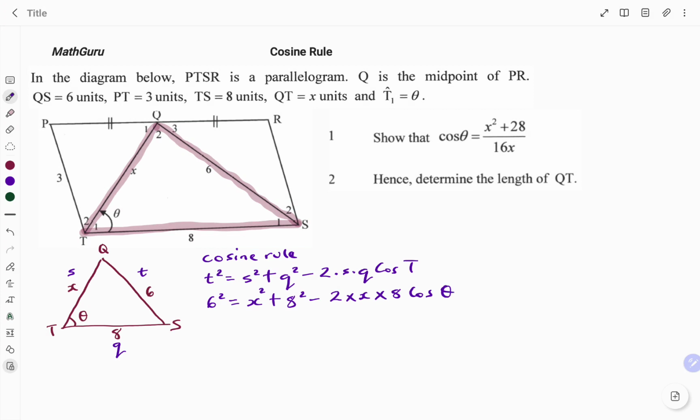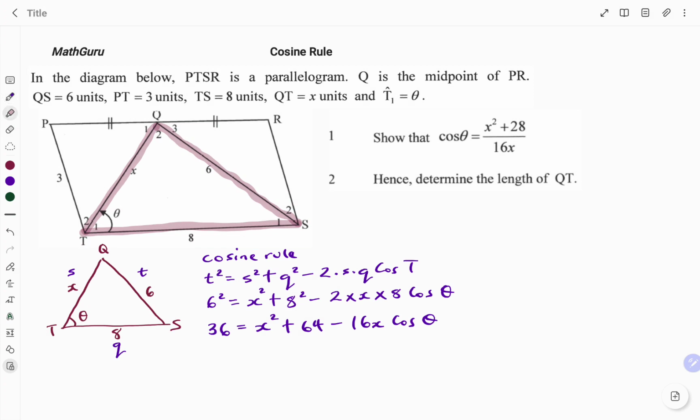T is theta. Simplifying, I have 6 squared, which is 36, equals x squared plus 64 minus 2 times 8, which is 16, so I have 16x cos theta.